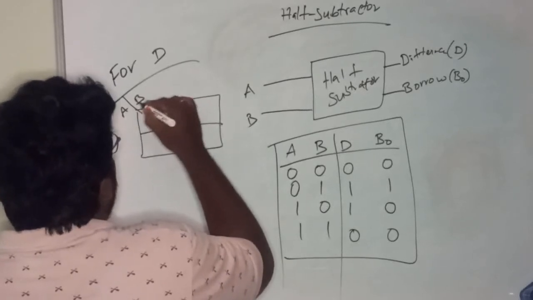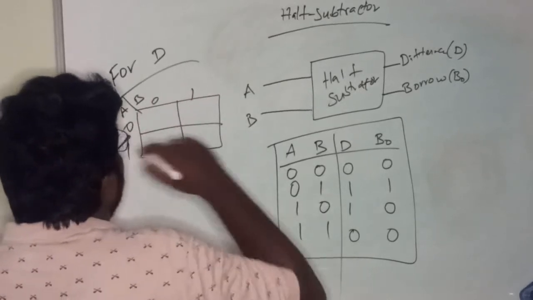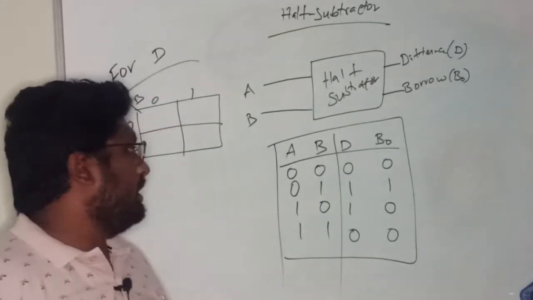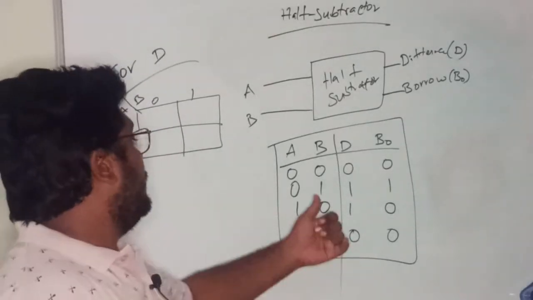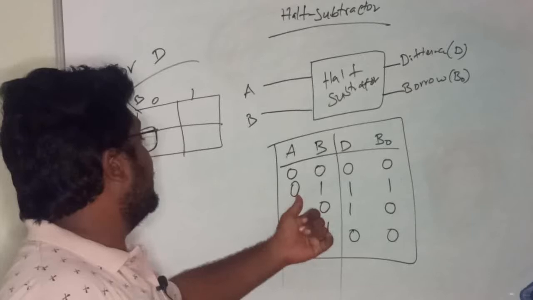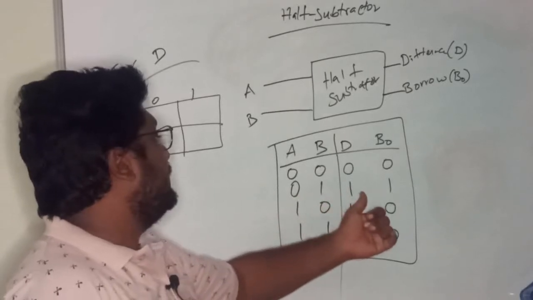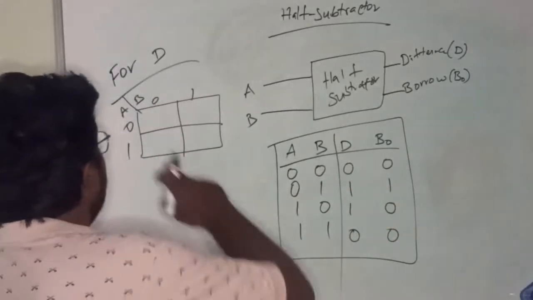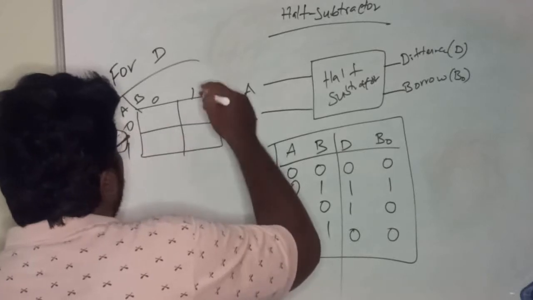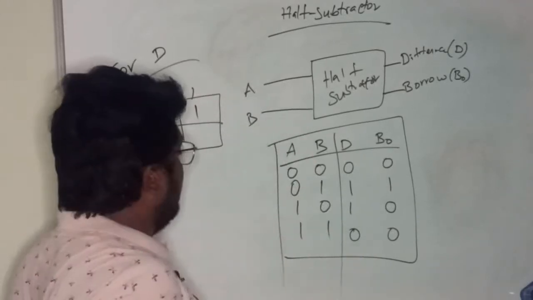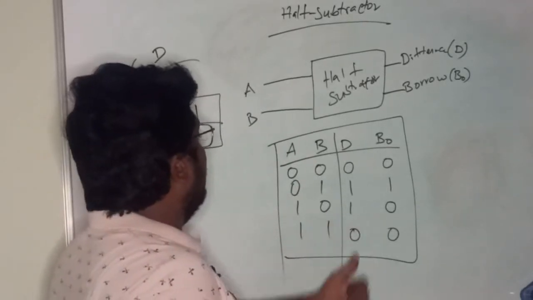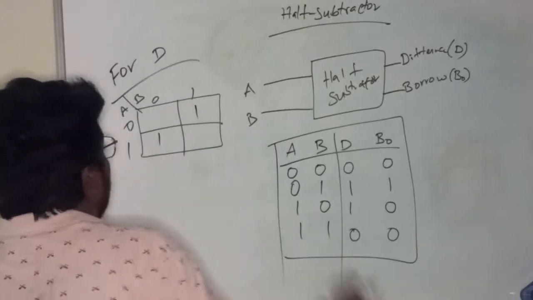This is A, B, 0 1 and 0 1. The difference D has a minterm 1 when A is 0 and B is 1, and also when A is 1 and B is 0.